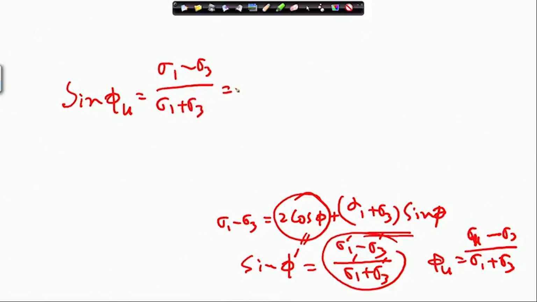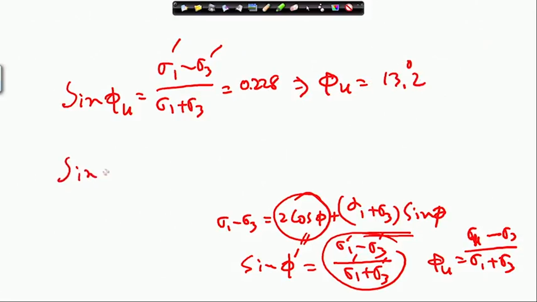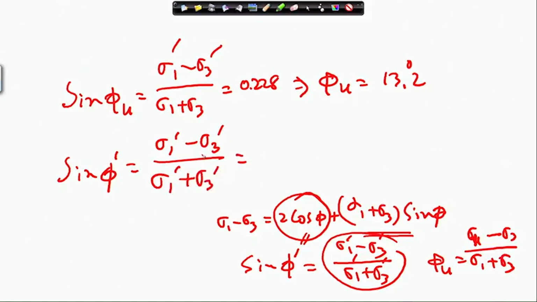If I put in whatever sigma 1, sigma 3 I have got, we get 0.22, which gives phi u equal to 13.2 degrees. And sin phi prime will be sigma 1 dash minus sigma 3 dash divided by sigma 1 dash plus sigma 3 dash, putting in all the effective stresses.